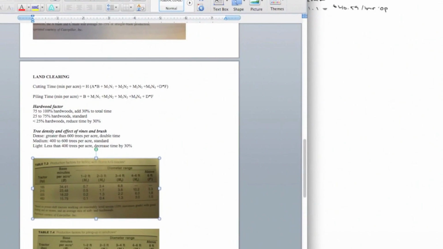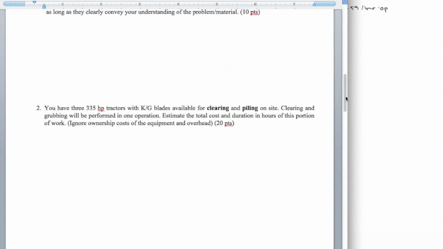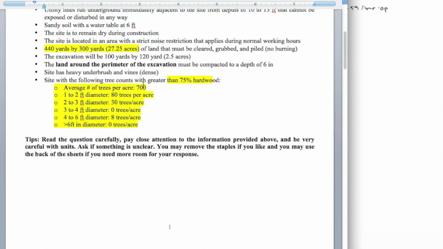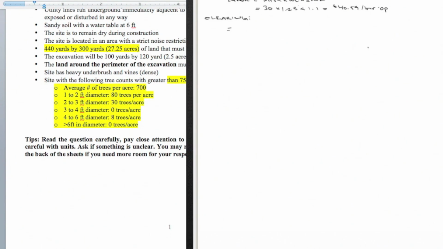Remember H is the hardwood factor. You can see they put right here, 75 to 100%, add 30% to total time. Going back to the problem, it's greater than 75% hardwood, so H, which we put out in front, increases by 30%, so 1.3.